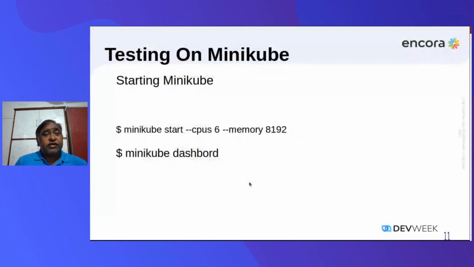So for this session, I'm going to use Minikube, which is installed on my laptop. To start Minikube, we can run the command minikube start, with the number of CPUs and the memory you want for the Kubernetes cluster. Once Minikube is started, we can run minikube dashboard to open the dashboard.